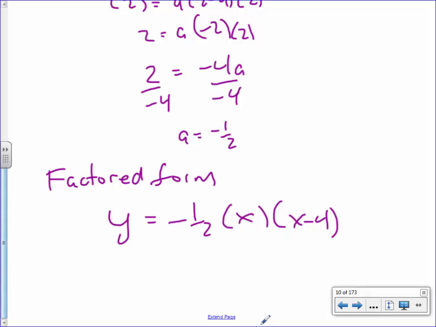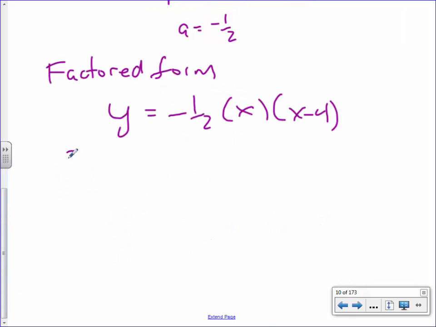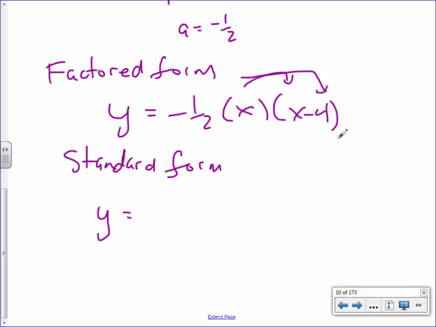The other thing I asked you to do was write it in standard form. Do you guys recall that terminology? So, long story short, expand it. Don't have it in brackets anymore, but have everything foiled out, if you like that terminology.